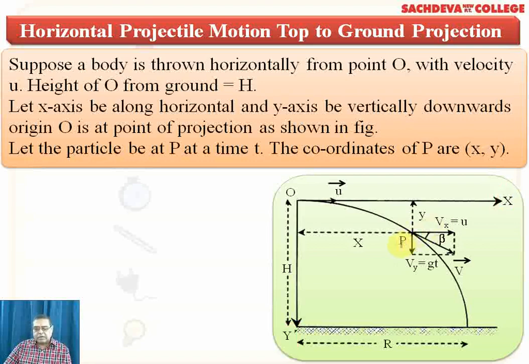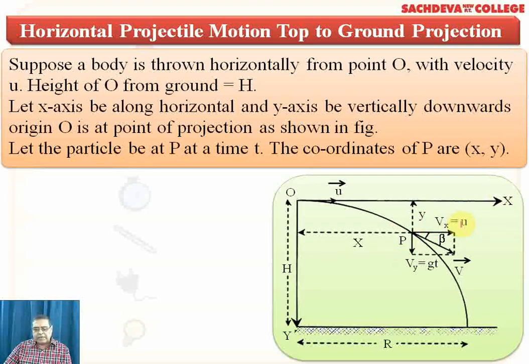According to the figure, O is the origin, h is the height, u is the velocity of projection along the x-axis, that is horizontal to the plane. The moment the body is released from O, moving horizontally, it will start bending towards the ground. So at point P, we have taken two components: Vx, that is the horizontal component along the x-axis, which is u.